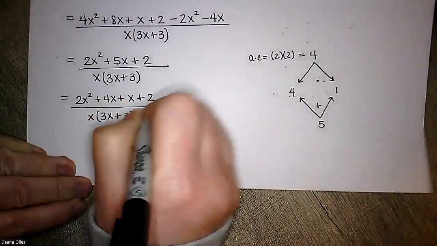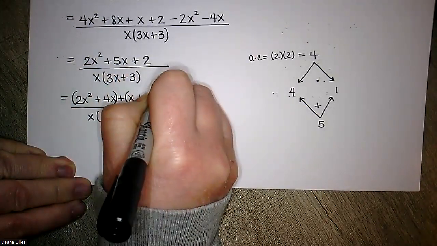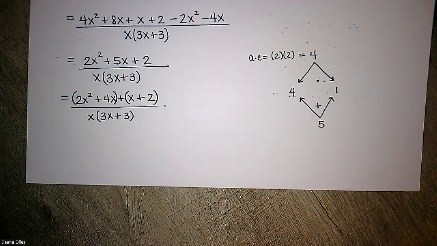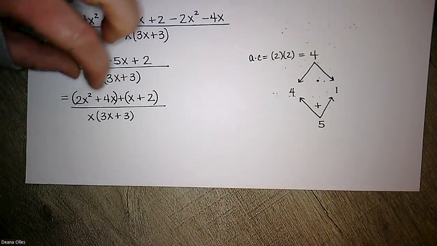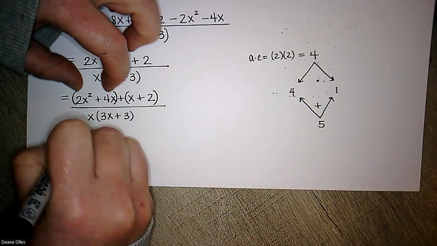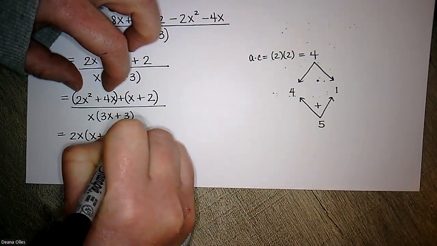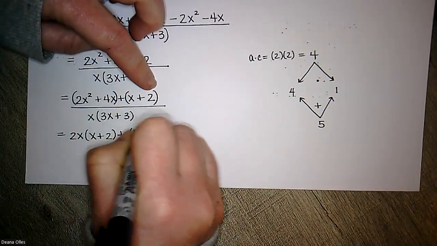And since everything's positive in the numerator, I can just group my like terms, my two groups together here. So I group my first two terms and then I group my second two terms. Common factor here is 2x, which leaves me with an x plus 2. And then I've got the x plus 2 here.